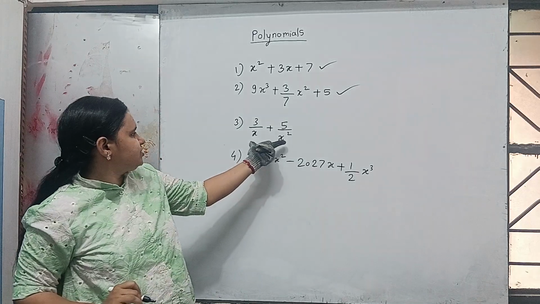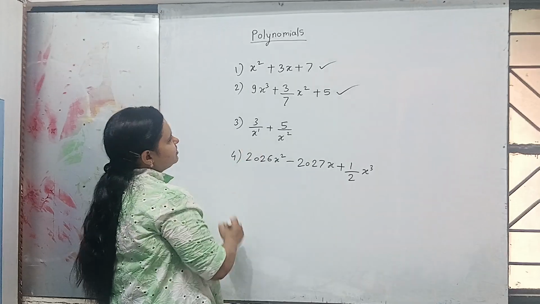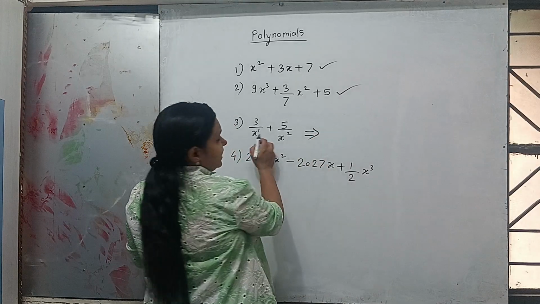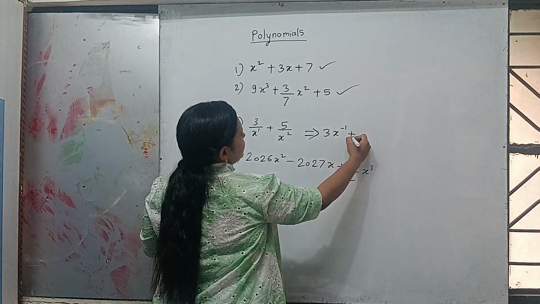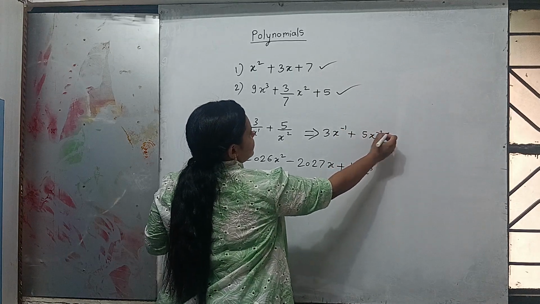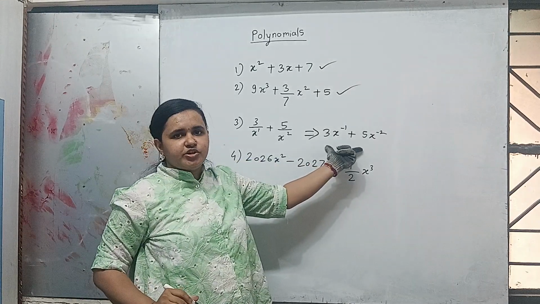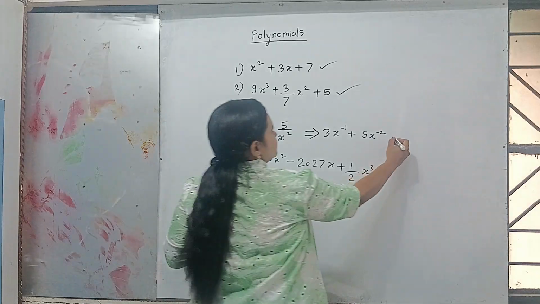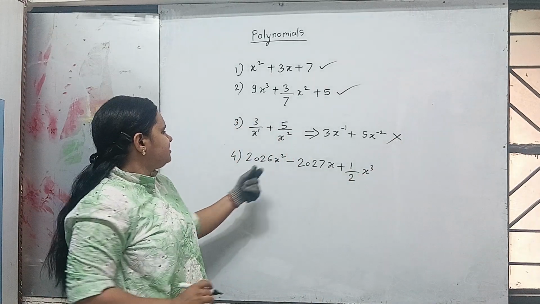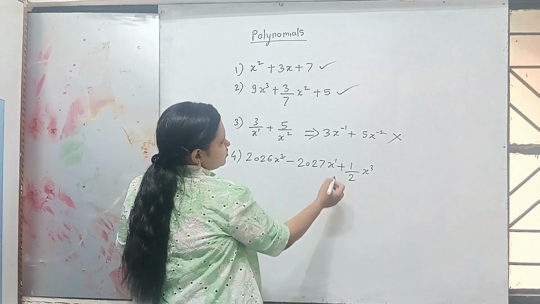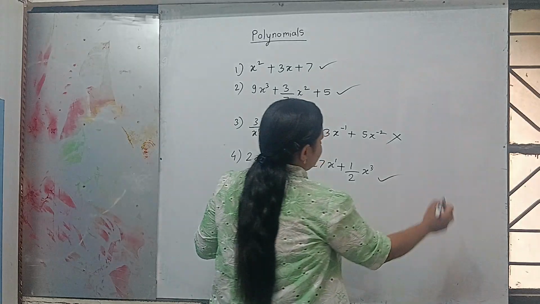In the third option, if we take x in the numerator, it will be 3x to the power minus 1 plus 5x to the power minus 2. The powers are negative. We don't want negative powers in polynomials. So it is not a polynomial. In the fourth option, here power is 2, here power is 1, here power is 3. So this is also a polynomial.